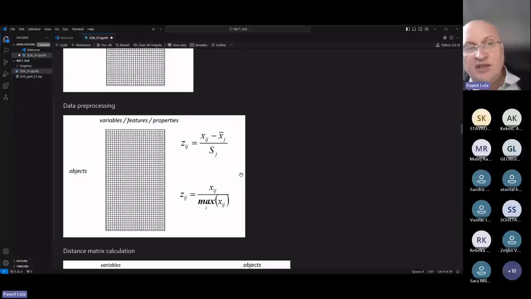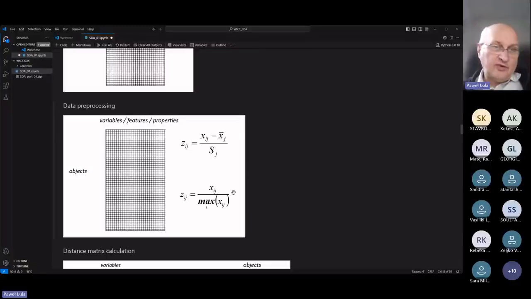And it is the main goal for which we can use these methods of scaling. So scaling causes, from a technical point of view, that every variable has the same variability.